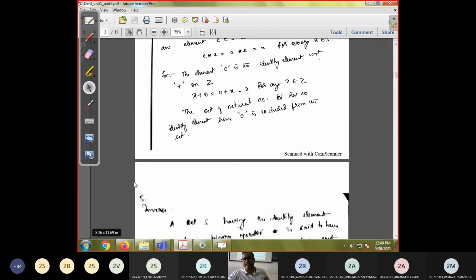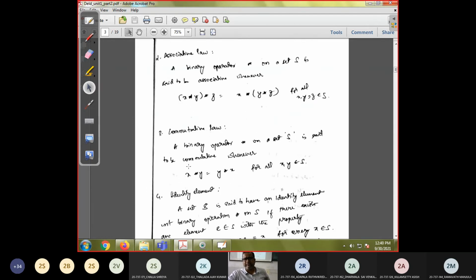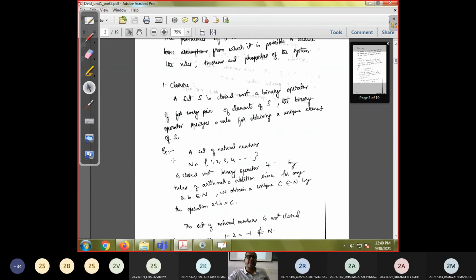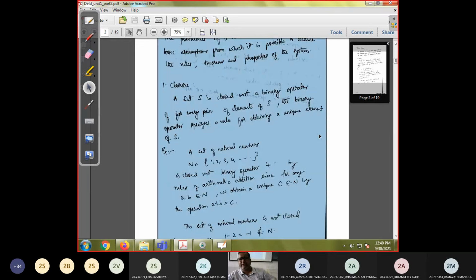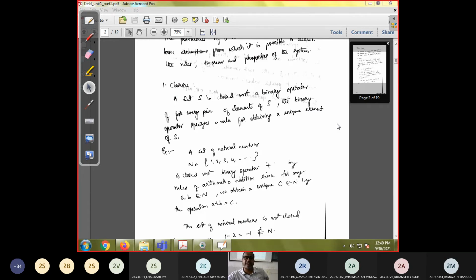Similarly, in our discussion, Boolean algebra, which we are going to introduce now, also satisfies this set of properties. Boolean algebra is also one branch of mathematics which satisfies this set of properties. So let us try to understand the details about that.